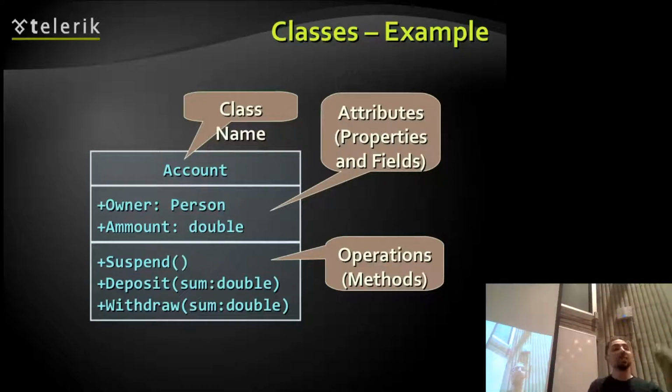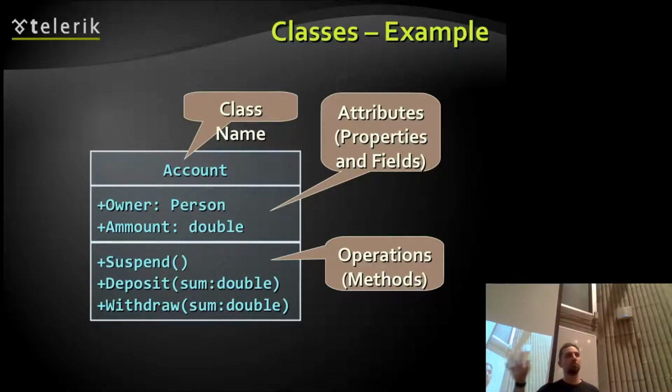The top box, account, that's the name of the class. And in C# we always start our class names with a capital letter. In the second box, you have any properties or variables that are going to be associated with that class. So, owner and amount. Now, nothing in there is there by accident. The plus has a special meaning. It means that anybody can call it.